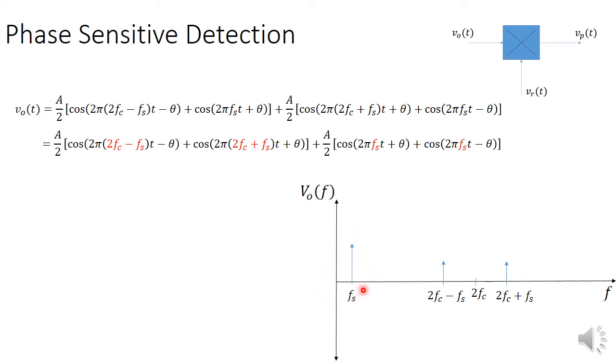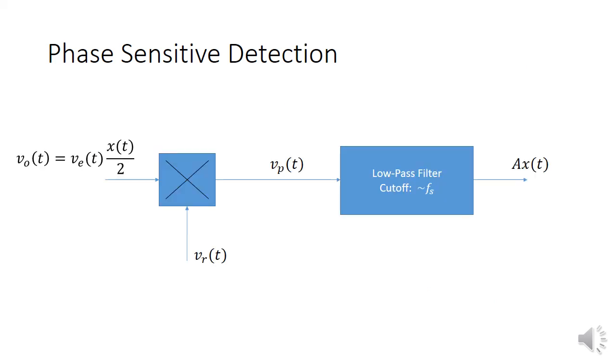So what are you going to get? You're going to get a signal which has an amplitude A, as we saw previously, proportional to x, which is the amplitude of your physical quantity, and you have Fs as well, which is the frequency of the amplitude.